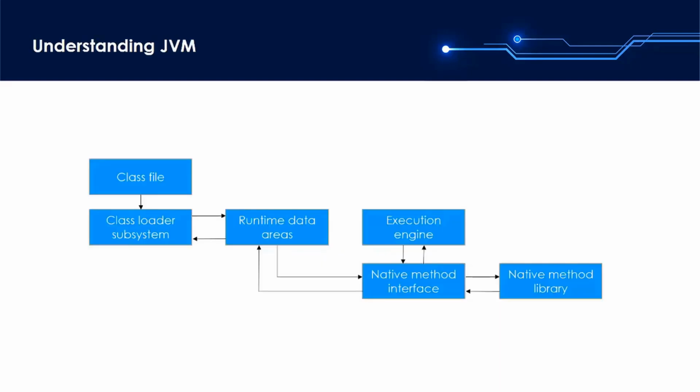Now let's explore the basic architecture of the JVM, or Java Virtual Machine, using the sample illustration figure. As illustrated in the figure, the JVM is divided into three main subsystems that include the class loader, runtime data area, and execution engine. The class loader comes with its own subsystem, and it essentially contains the bootstrap class loader, extension class loader, and application class loader.